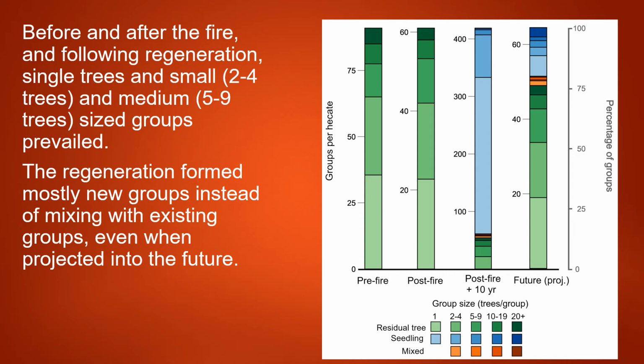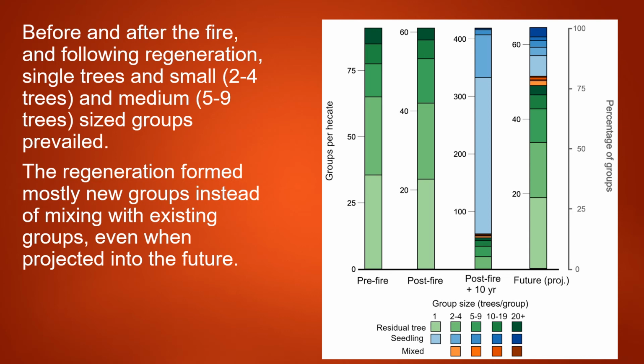And what we did was assign the average attributes of the surviving trees to the regeneration so that we could project forward and look at, well, when they're babies, they're forming their own groups, but how does this pattern prevail? And we found that even when we projected this into the future, there was very little mixing.